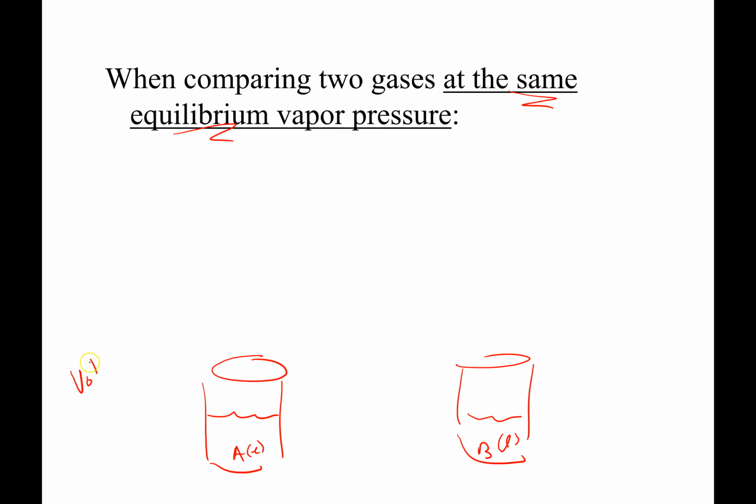So I'm going to make this one volatile and the other one non-volatile. Here are my watch glasses, and here are my particles. I didn't count them, but hopefully they're very similar. So if I put a gauge on either one, I'm going to have very similar equilibrium vapor pressures. I'll put same. Now, how could you do that?